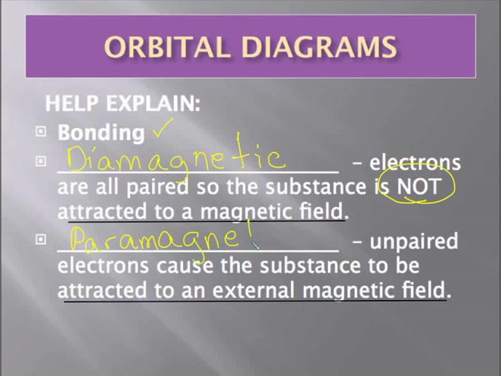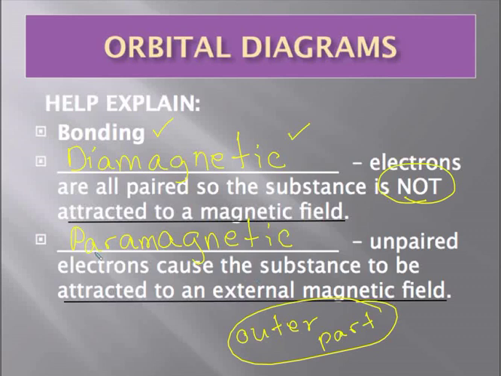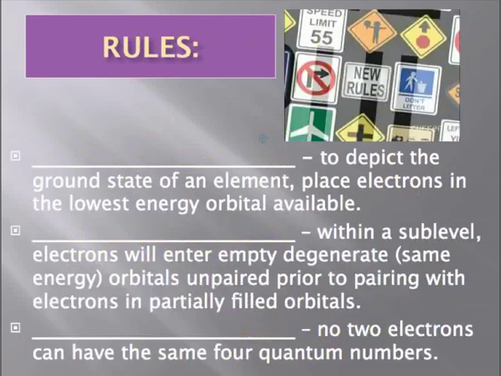And we need an orbital diagram to do this, or at least we need the outer part of an orbital diagram to determine whether a substance is diamagnetic. And again, diamagnetic is not attracted because all of its electrons are paired. If we have unpaired electrons, then it would be paramagnetic. So let's go on and take a look.